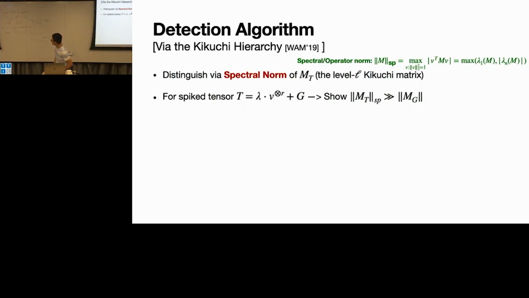In this case, we want to show that for a spike tensor T with this rank 1 Boolean component put in, the spectral norm of this Kikuchi matrix, this gigantic matrix of dimension n to the L by n to the L, is going to be much larger than if you just put in a random Gaussian tensor.